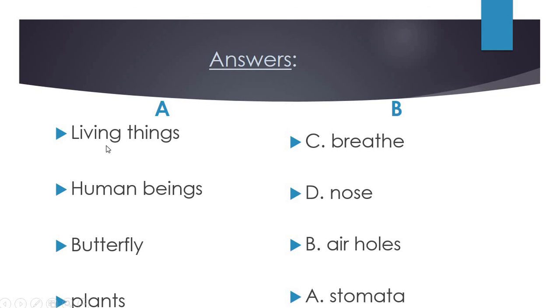Now here, all living things breathe. Human beings breathe with their nose. Butterflies breathe with air holes, and plants have their breathing organs on their leaves called stomata. I hope this is very easy for you, and I also hope that you matched it before looking at my answers on the screen.